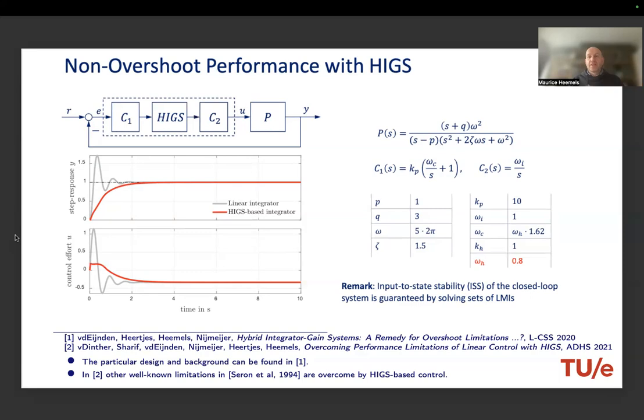So what you see here is that with a Higgs controller, something as simple as an integrator with a simple projection on it, you can already overcome these well-known limitations of LTI controllers. In fact, we have a few papers showing that other well-known limitations of LTI controllers can be overcome by Higgs-based controllers in the right configuration.